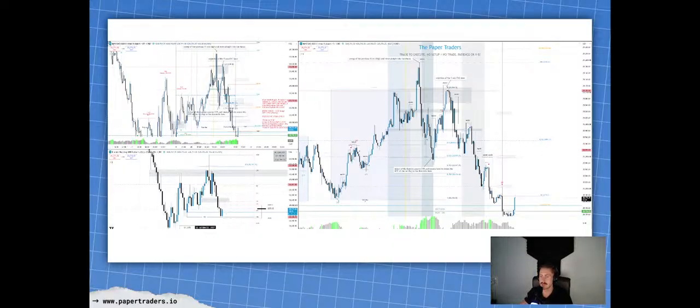Price retraced into the London session OTE and found a little bit of a bounce before the reversal back to the downside off of the 5-minute FVG that we mentioned.